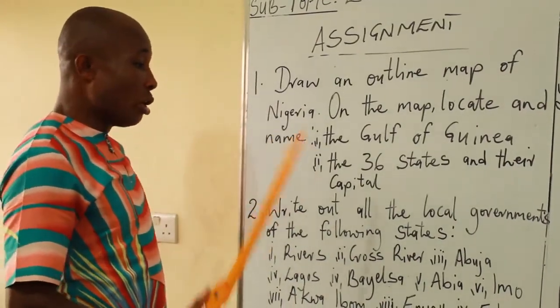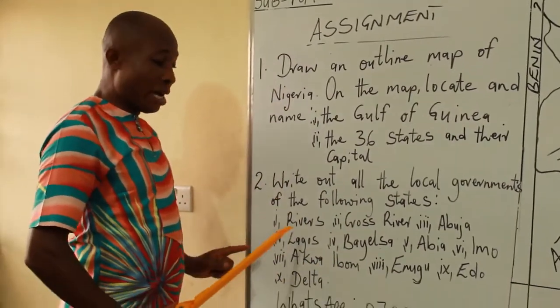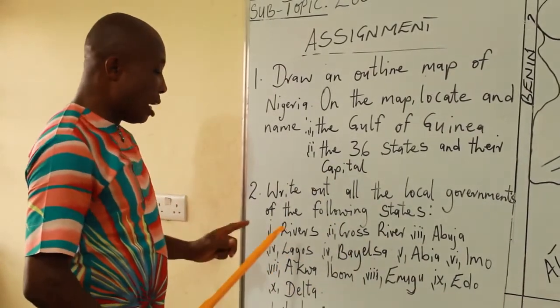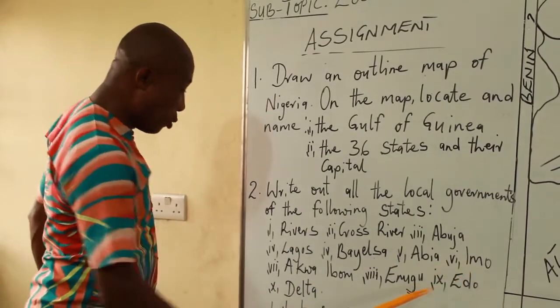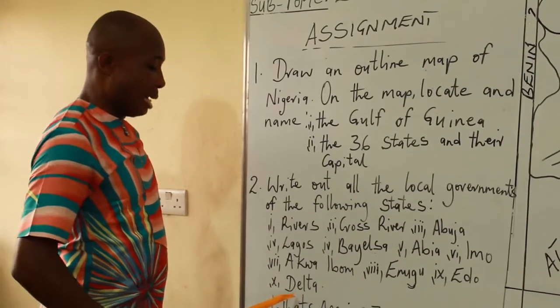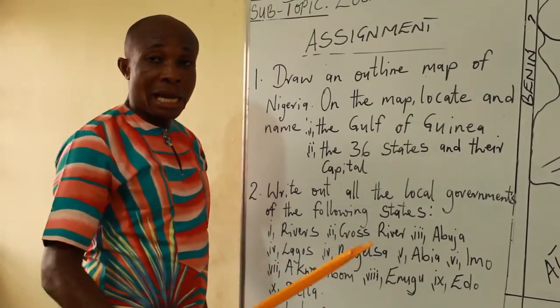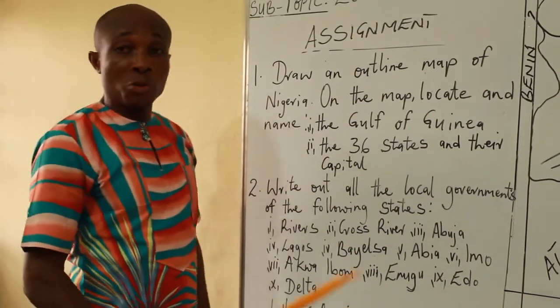Write out all the local governments of the following states: Rivers, Cross River, Abuja, Lagos, Bayelsa, Abia, Imo, Akwa Ibom, Enugu, Edo, and Delta. I want to see each of these states, the number of local governments, the names of those local governments.